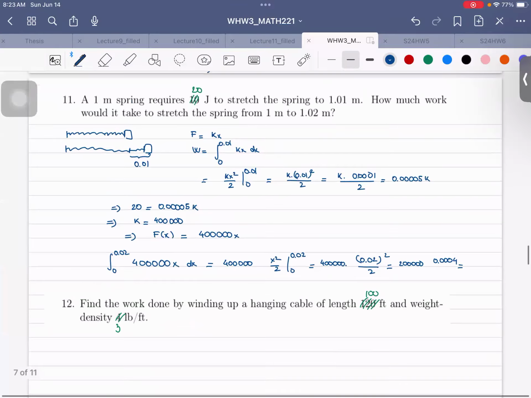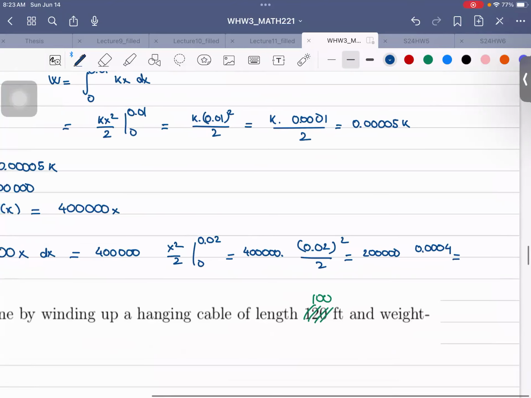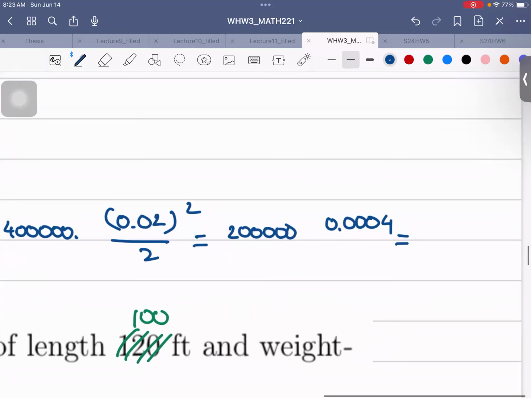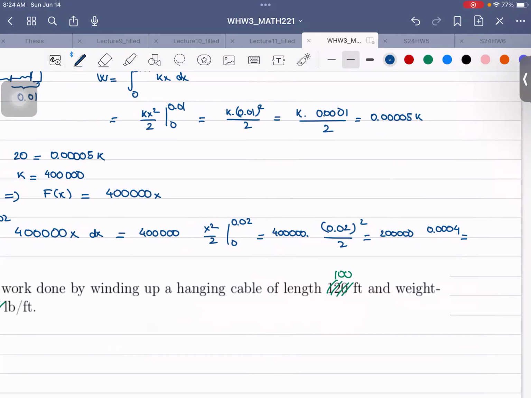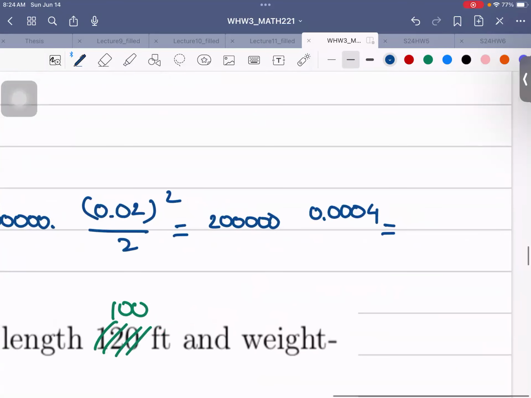So I will have 200,000 times 0.0004, which gives me 80. Okay, so 80 Joule.